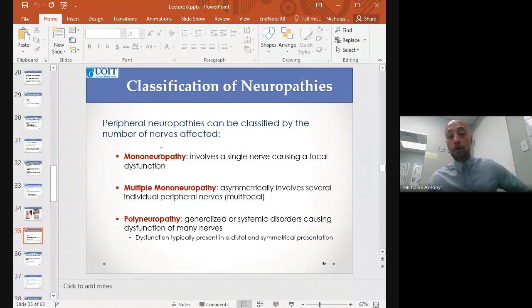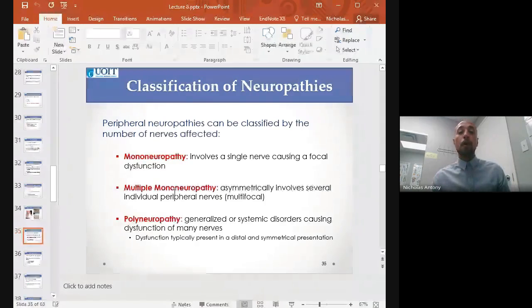We have mononeuropathies, which is when one peripheral nerve is affected. Multiple mononeuropathies is when multiple peripheral nerves are affected in one similar area. And polyneuropathy is when multiple peripheral nerves are affected systemically. So this is the classification of neuropathies.